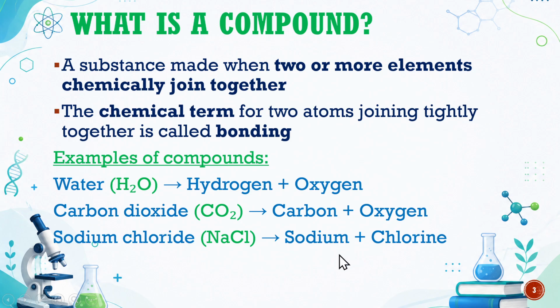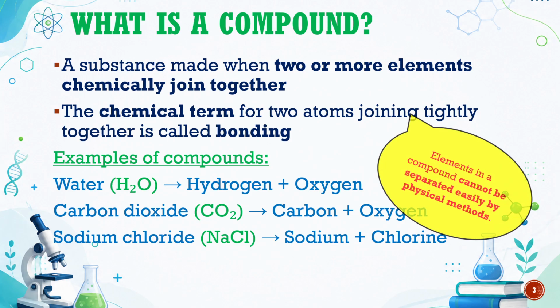Similarly, sodium and chlorine, which are two separate elements, bond chemically to form a new substance, the compound sodium chloride. So the key thing to remember: a compound is formed when two elements are joining chemically.